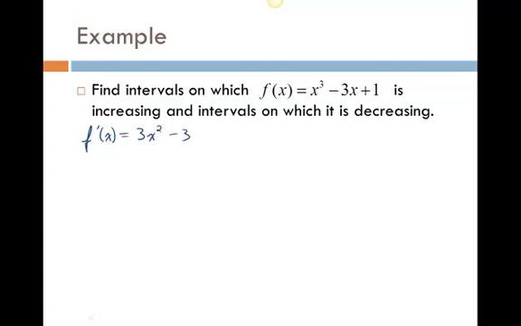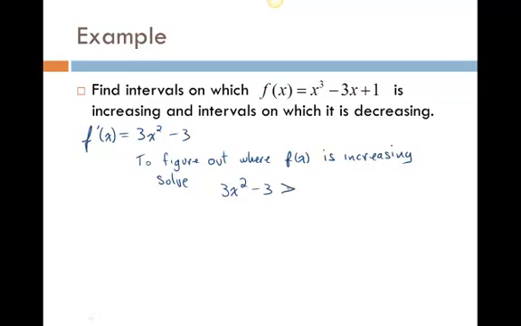Okay. So to figure out where it's increasing, we're basically solving this inequality. We're trying to solve 3x squared minus 3 is greater than 0, right?